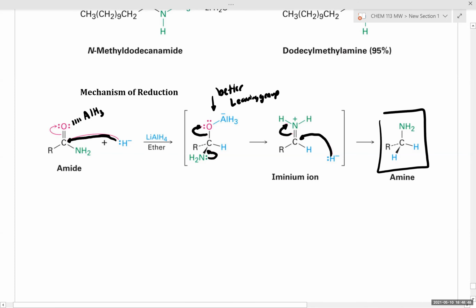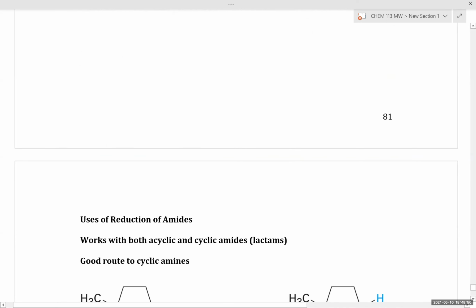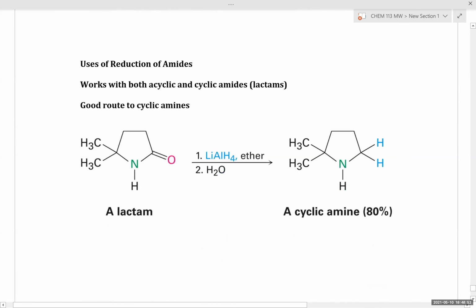Perfect. So, because we can so readily prepare amides via the reaction of an amine and an acyl chloride, we can reduce our amide down with lithium aluminum hydride and prepare very complicated amines. So this is a useful method to prepare amines.